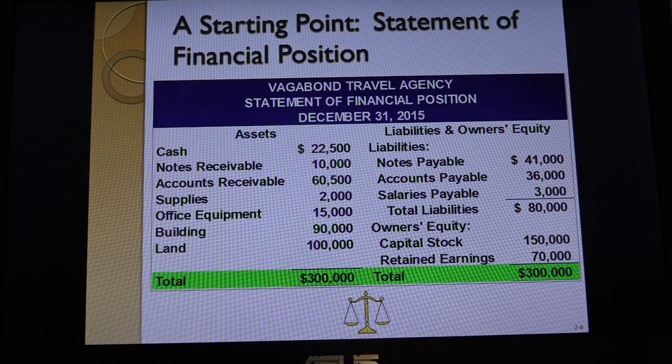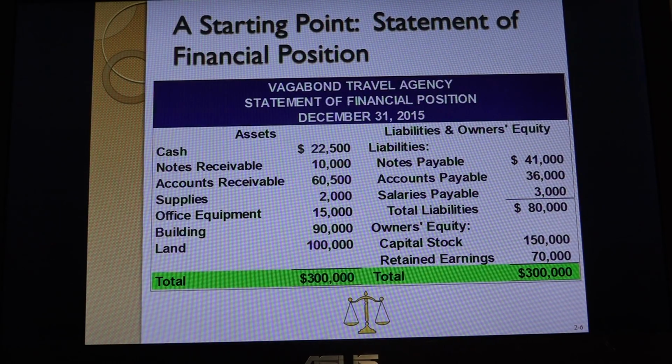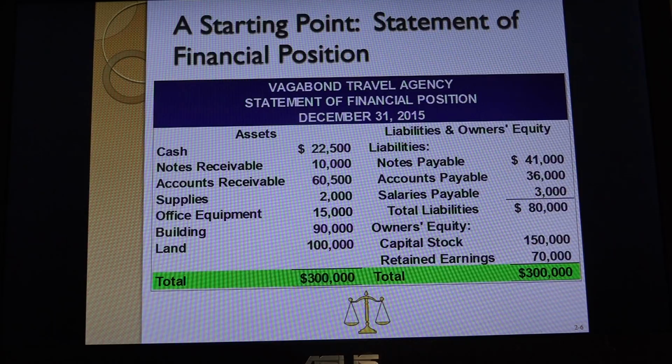Second of all, you identify the financial statement that you're presenting. Here, statement of financial position. They could have just as easily said balance sheet of Vagabond Travel Agency.